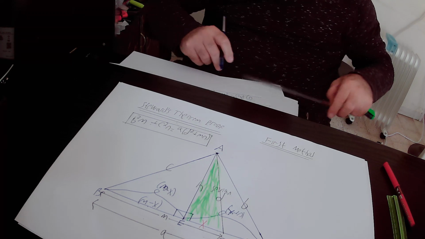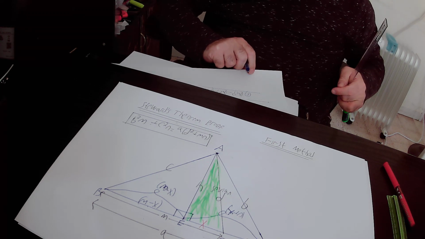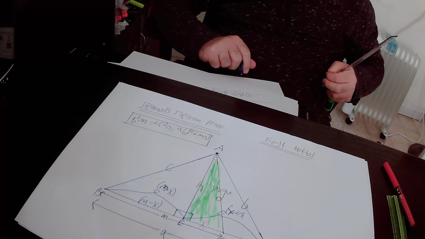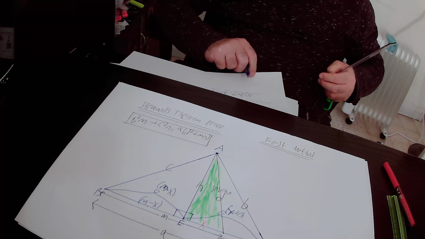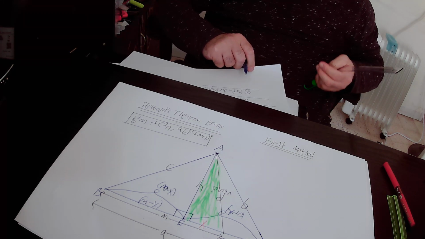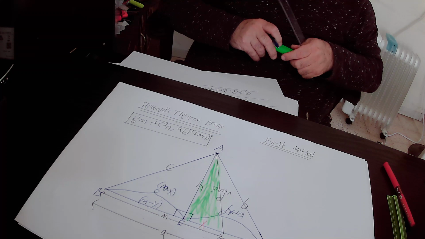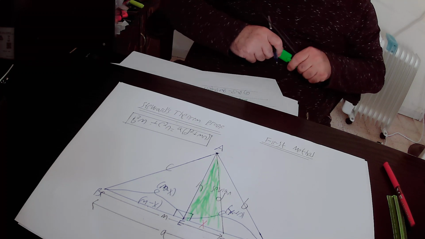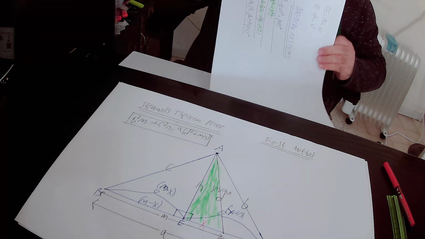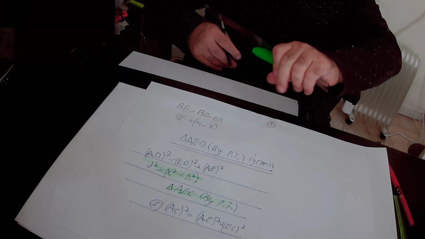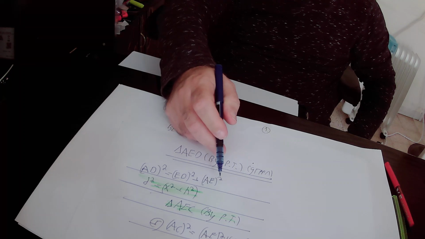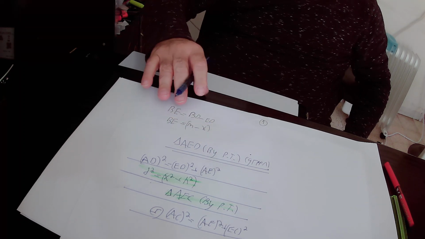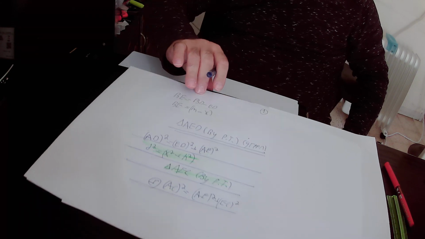I'll repeat again. In the right triangle AEC, according to the Pythagoras theorem, AC squared equals AE squared plus EC squared. This is equation number 1.